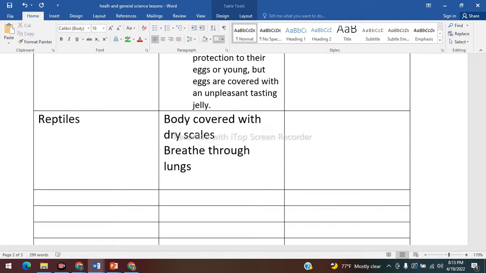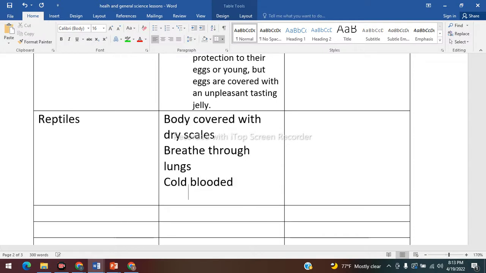What else do we have? They're cold-blooded. They can live on land or in water. They live on land and in water.